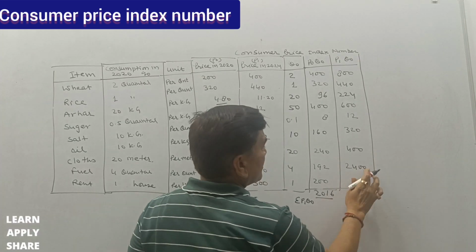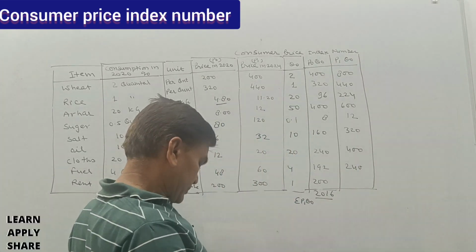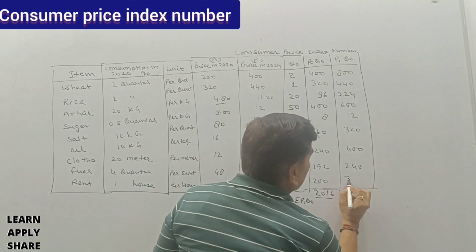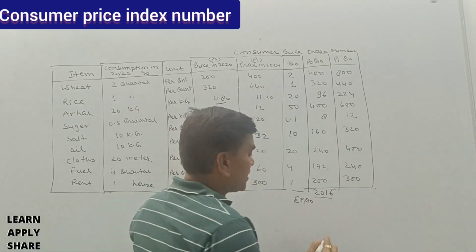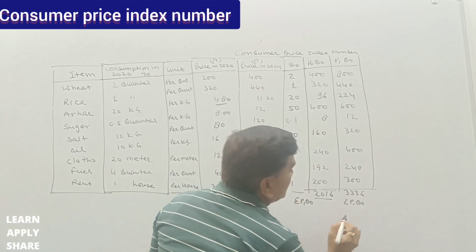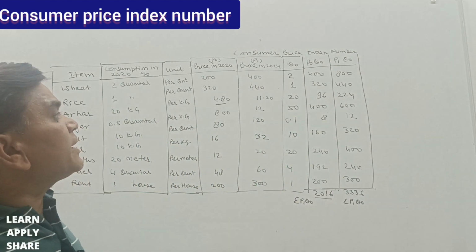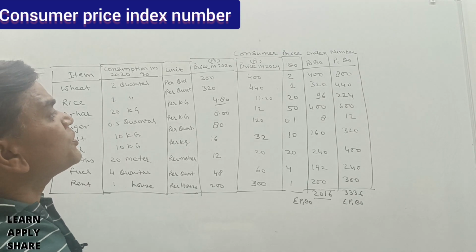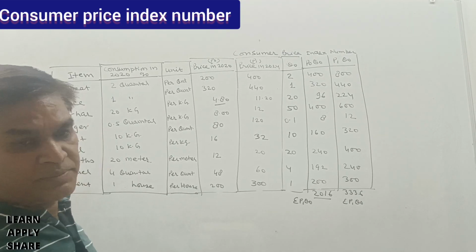And 300 multiplied by 1, that is 300. So the addition of this is 3336, sigma P1 Q0. So we have calculated the value of P0 Q0 and the value of P1 Q0.